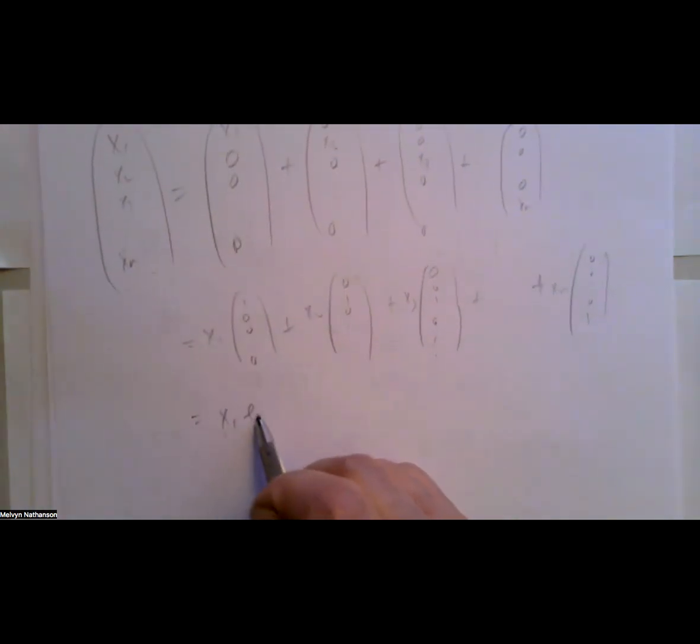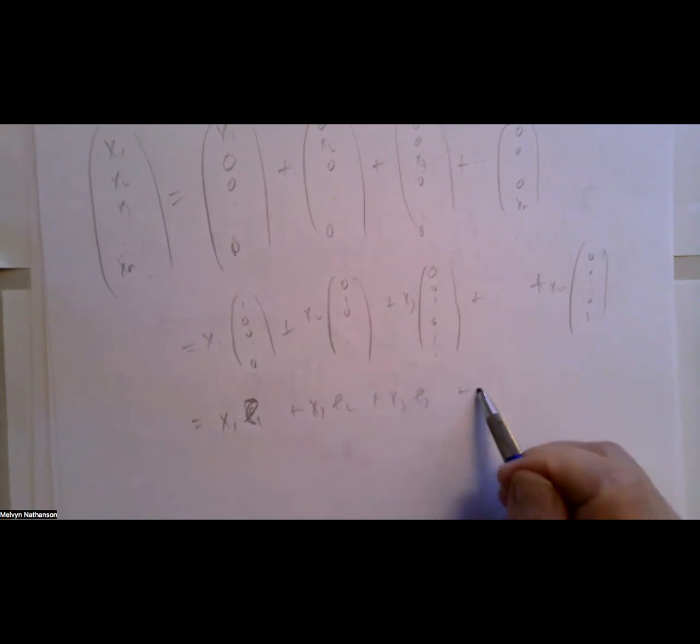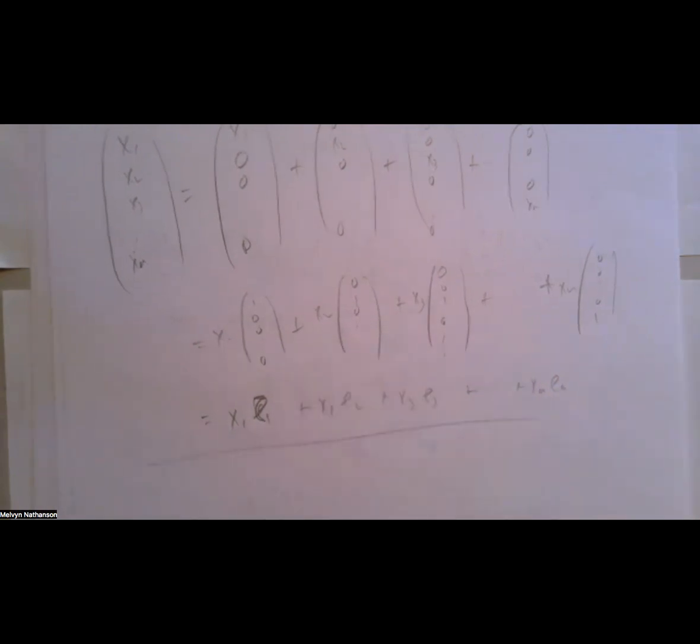This is x1 e1, I write this in boldface, plus x2 e2, plus x3 e3, up to xn en. So this is just an extremely useful standard way to write a vector. You can write it as a linear combination of these special vectors, E1 up to En.